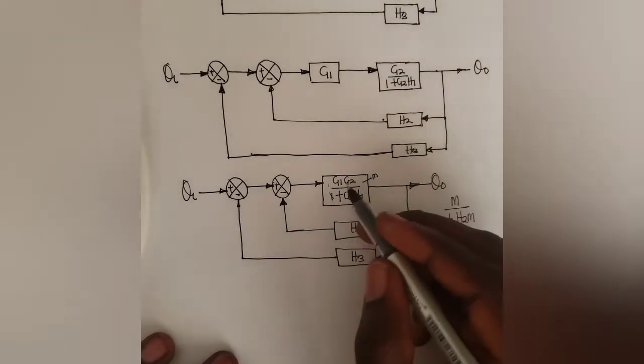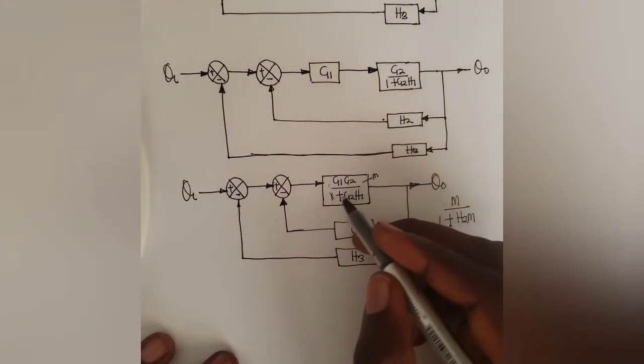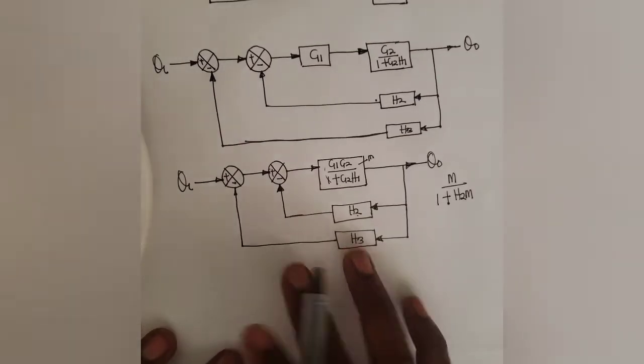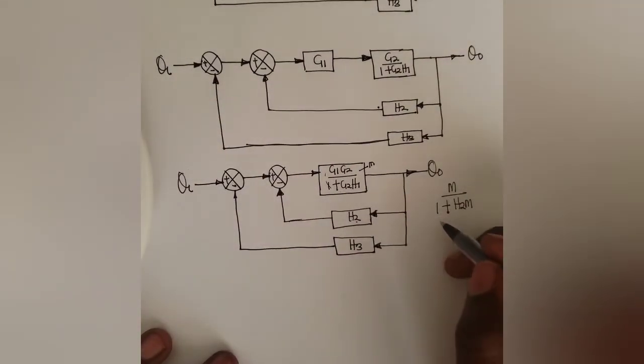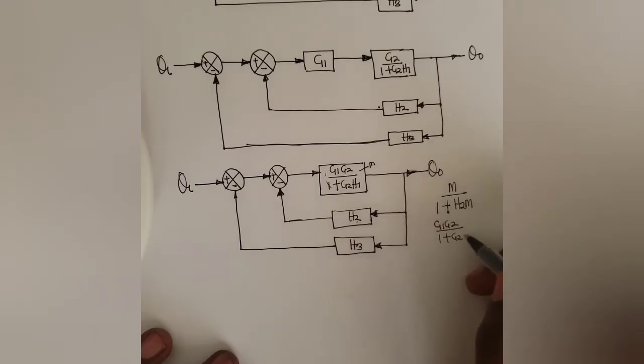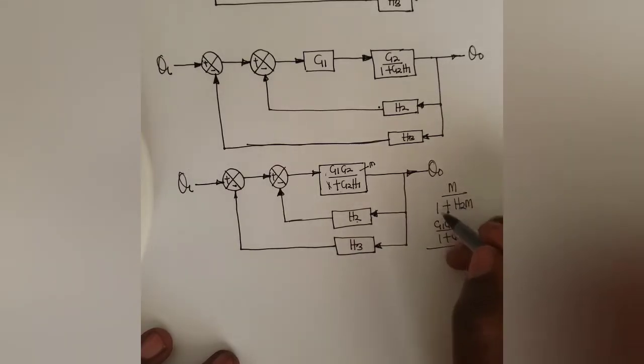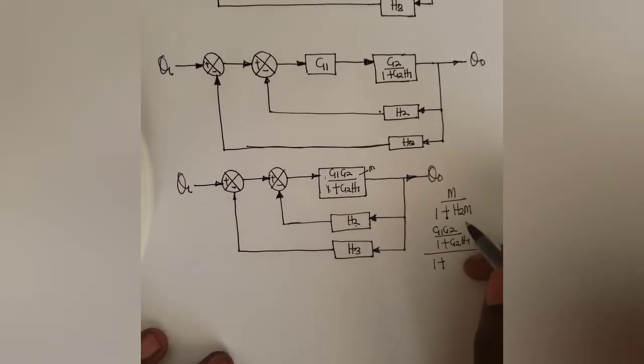And what is my M? M is G1, G2 all over 1 plus G2H1. So I can easily simplify it and say G1, G2 all over 1 plus G2H1, now all over 1 plus, what is my H2?